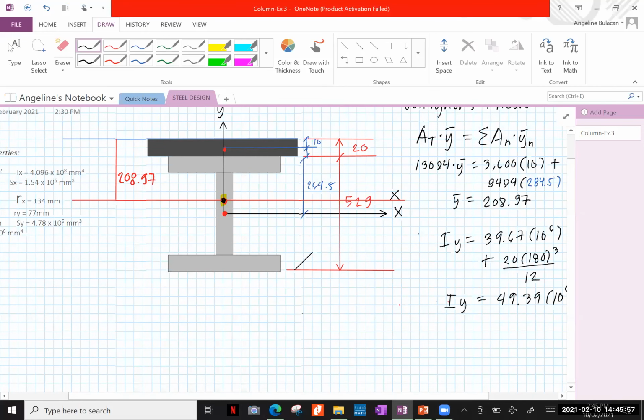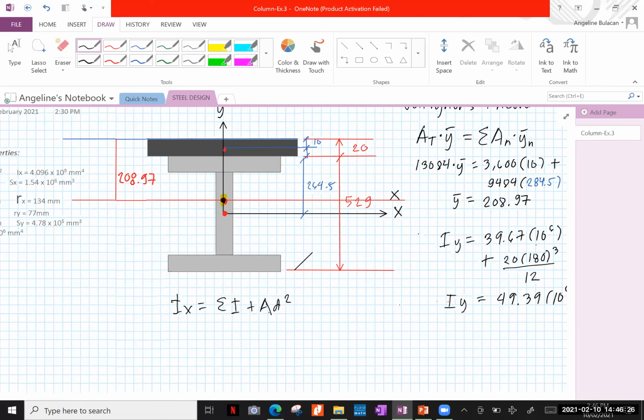So, using your transfer formula, Ix is equal to summation of I plus AD squared. Again, general equation to, you should know this. I think this was introduced in your statics.